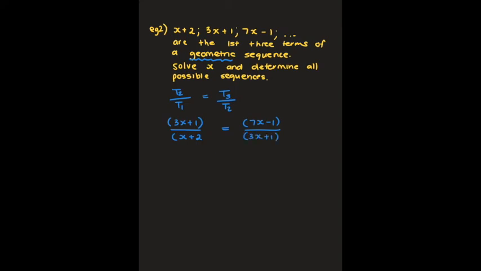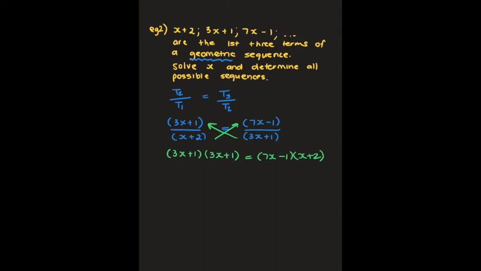Now let's just use that cross multiplication technique. So you're just going to multiply up and across like that. So you have 3x plus 1 times 3x plus 1 on the left-hand side of your equation, and 7x minus 1 multiplied by x plus 2 on the right-hand side.